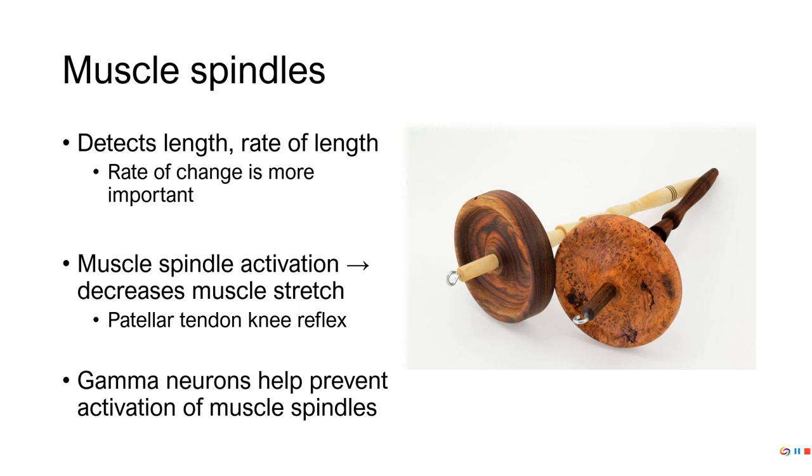If you want to walk, you have to lengthen your muscles. So these gamma neurons will inhibit the spindle. We call this autogenic inhibition. These require a big stimulus, but they have a big response.